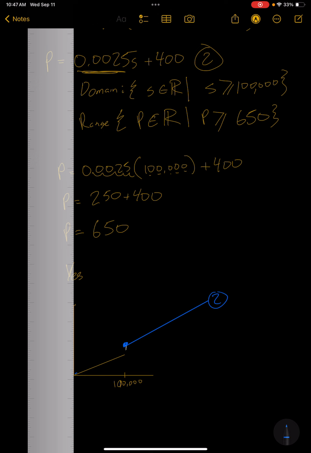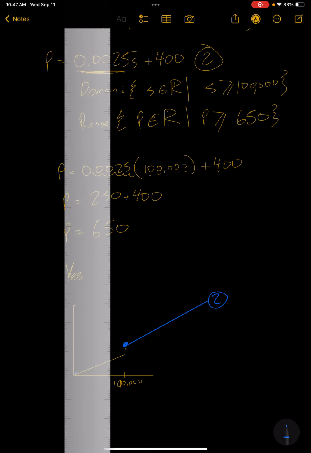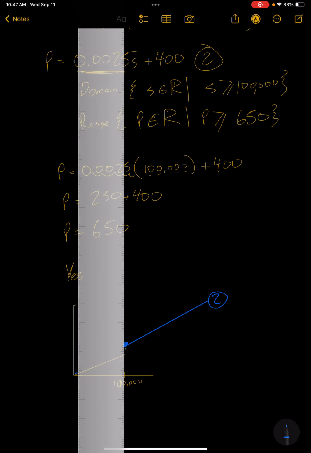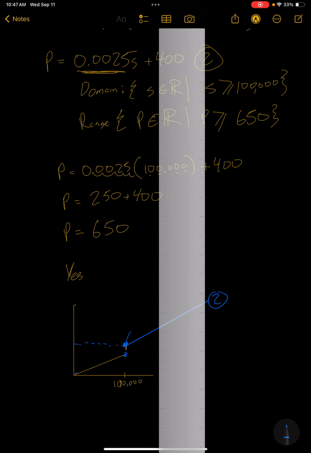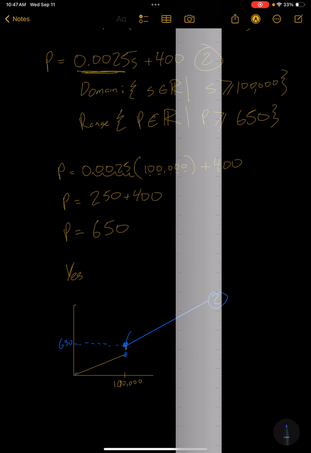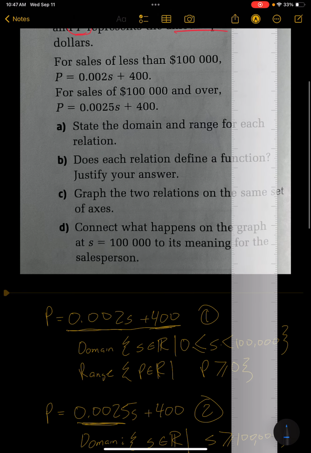Now, if I draw a vertical line test anywhere, there's only one value. Even at 100,000, there's a specific value. 100,000 of sales, there's a specific value of pay, and that is actually 650 for here.